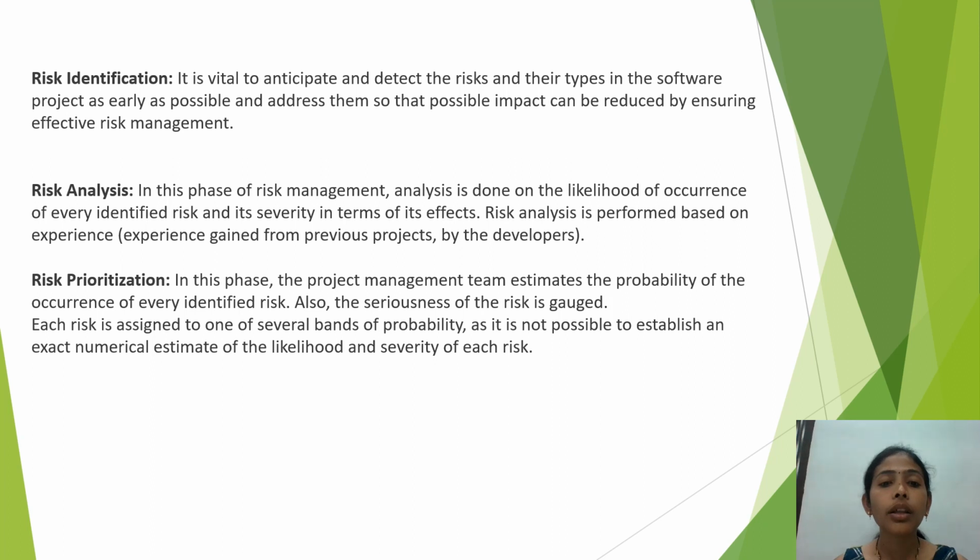In this phase, the project management team estimates the probability of the occurrence of every identified risk. Also, the seriousness of the risk is gauged. Each risk is assigned to one of the several bands of probability, as it is not possible to establish an exact numerical estimate of the likelihood and severity of each risk.